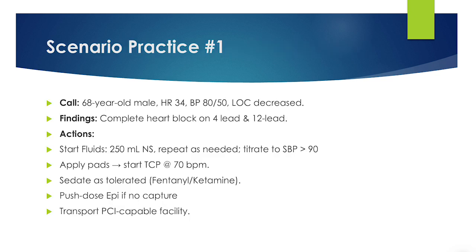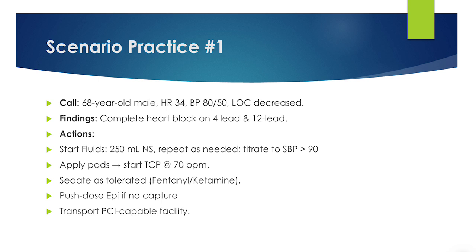Going over some scenarios for practicing. A 68-year-old male, heart rate 34, BP 80/50, with loss of consciousness or decreased mental status. You get a complete heart block on your 4 lead and 12 lead, and fluids.